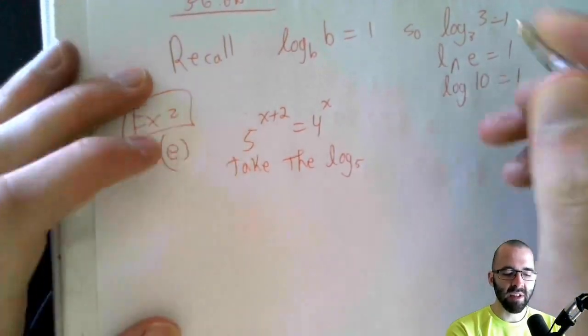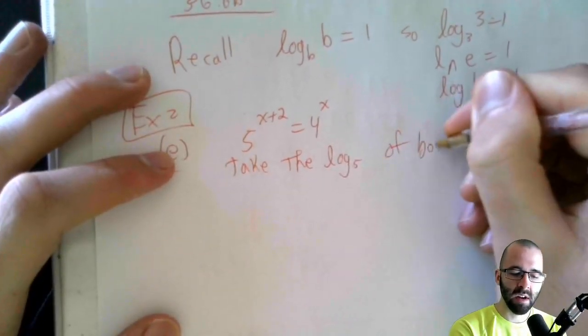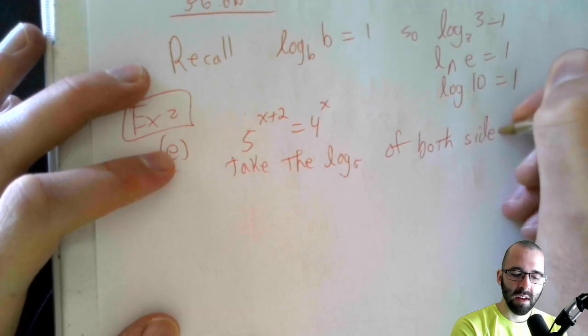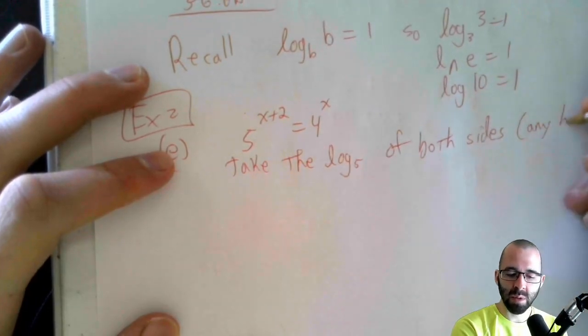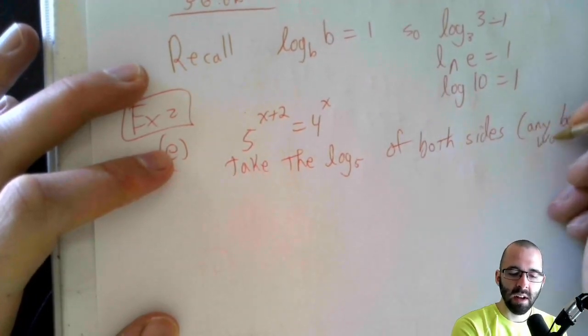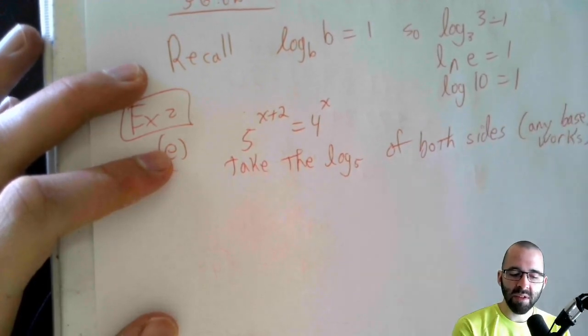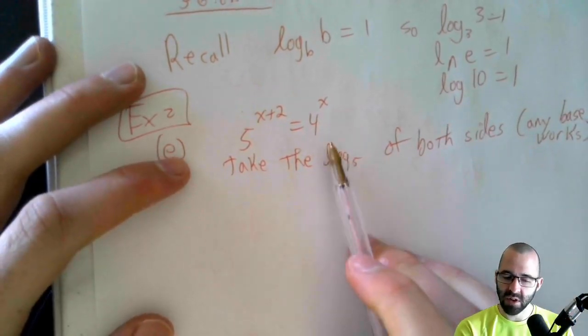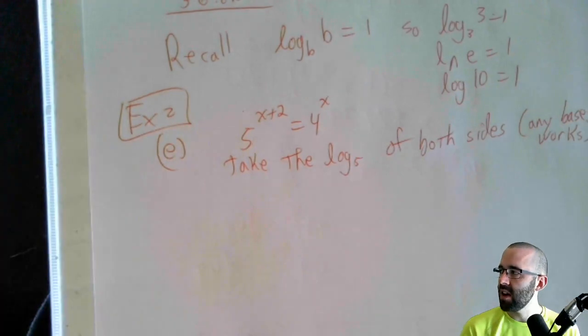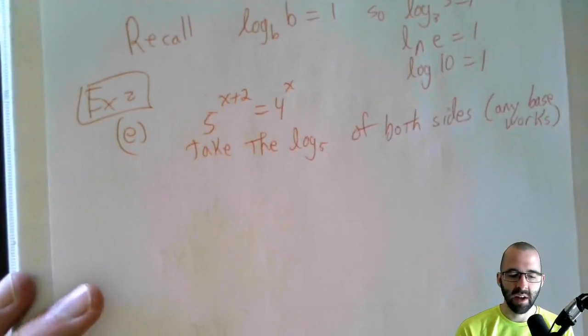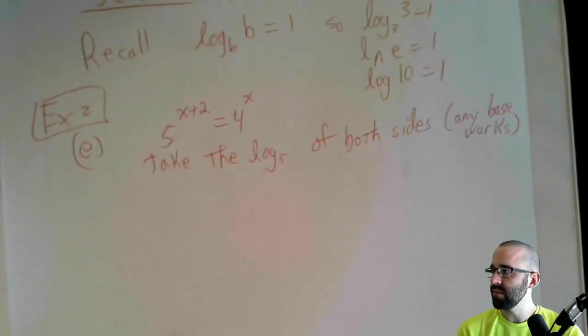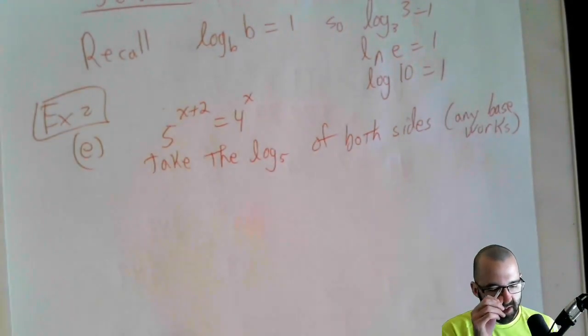And let's say log base 5. And any base works. Log base 5 is my preference. Log base 4 is also a good choice, but any log works. Okay? So, we're going to take log base 5 of both sides and see what happens.